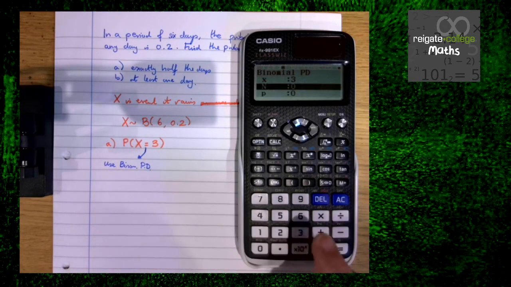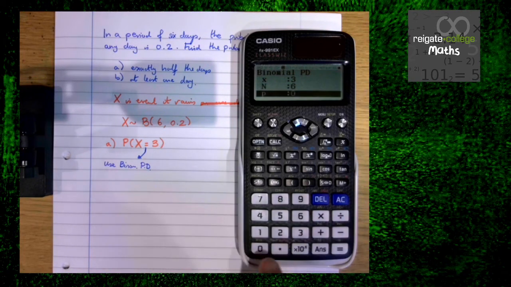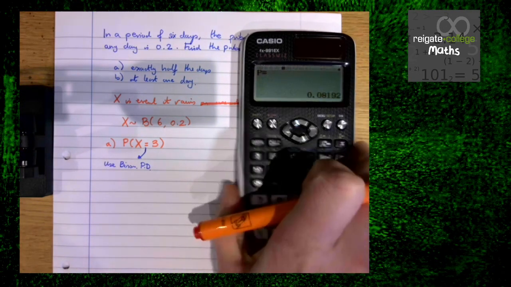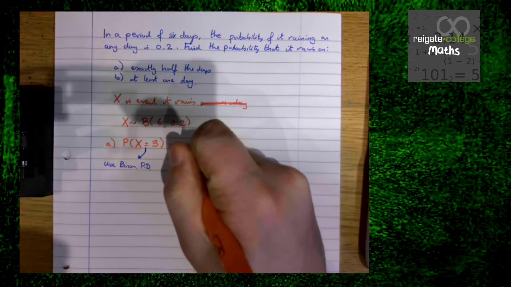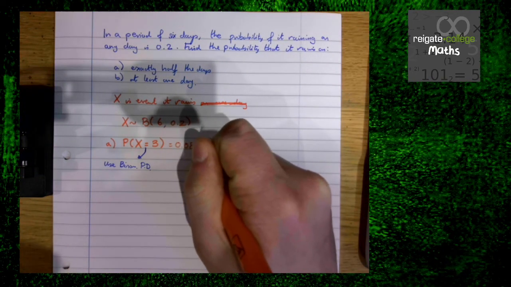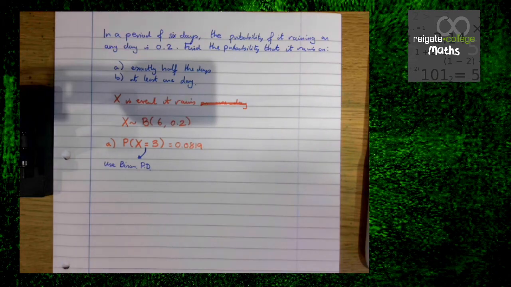N is the number of trials. And P is 0.2. Type it all in, press equals, and it gives you the answer. And again, give it to 3 significant figures. And that's it. You don't have to do anything else. This is not going to be a large number of marks.